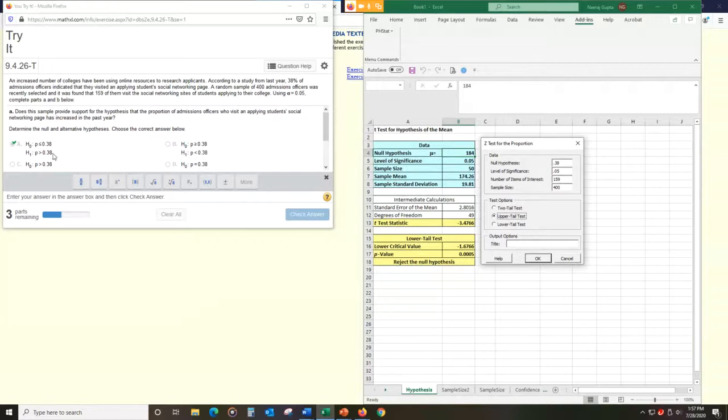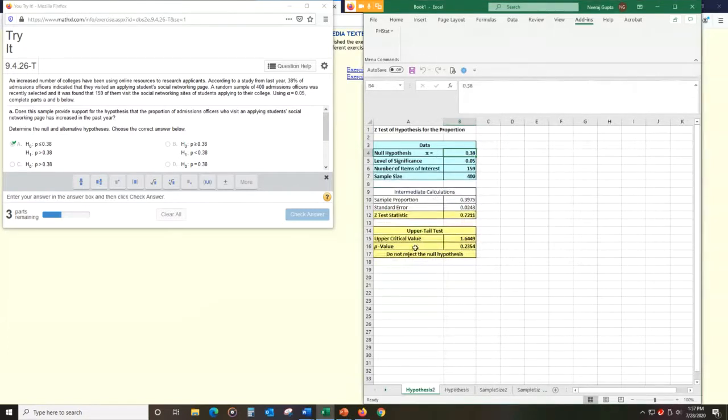Decision is on null. Conclusion is on your claim. These are very, very important things. Null will have an equality sign, whether it is strict equal or less than equal or greater than equal. Alternate is strict less than, strict greater than, or not equal.